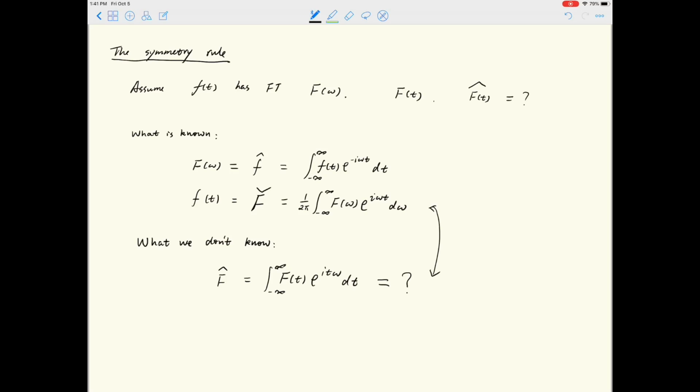It appears that the first integral here is in omega and the second one is in t. It appears that the roles of t and omega are just swapped, exchanged.